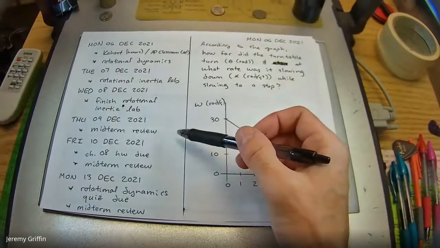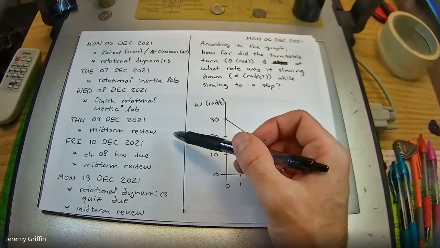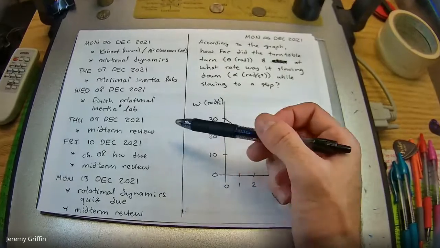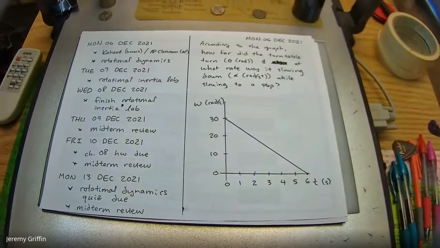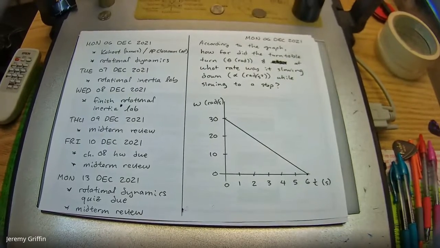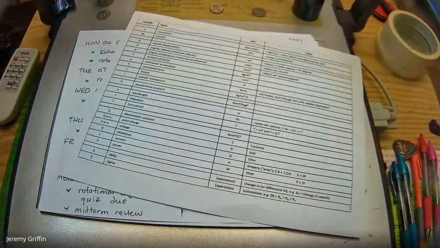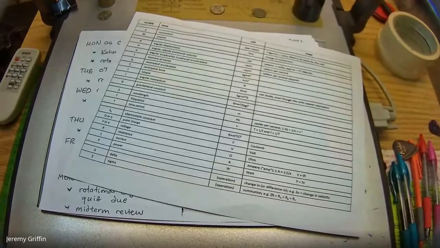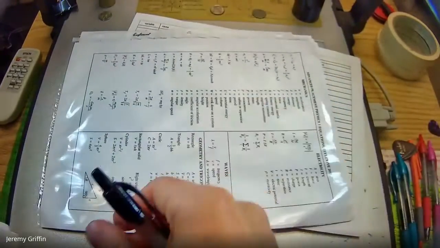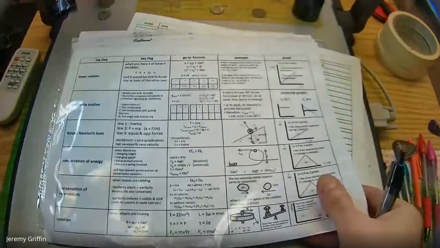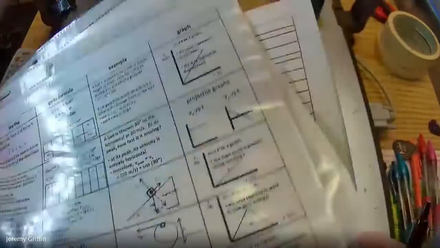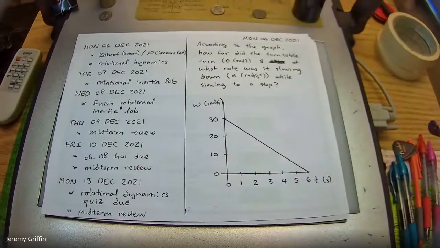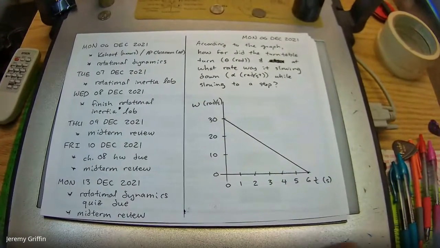There are some other review pages that I posted to Google Classroom, like the first few that I gave you, from the very first day of school. For example, here's one of them. I've got a page full of variables on it. There's the AP equation bank. You remember that? There's this review page. Those are available on Classroom, or you might have them in your folder from the very first day of school. Hopefully you kept good track of those.